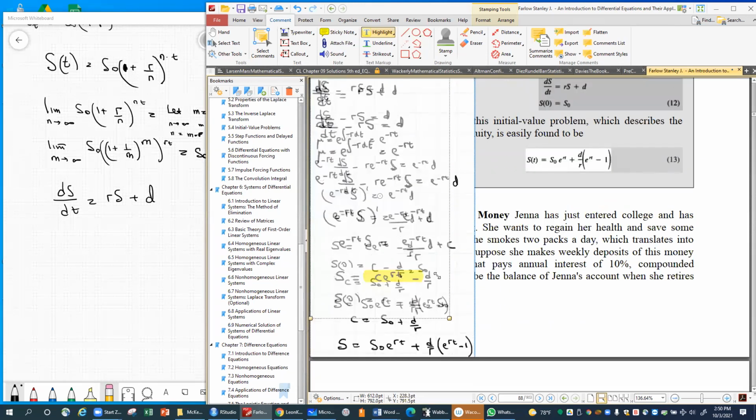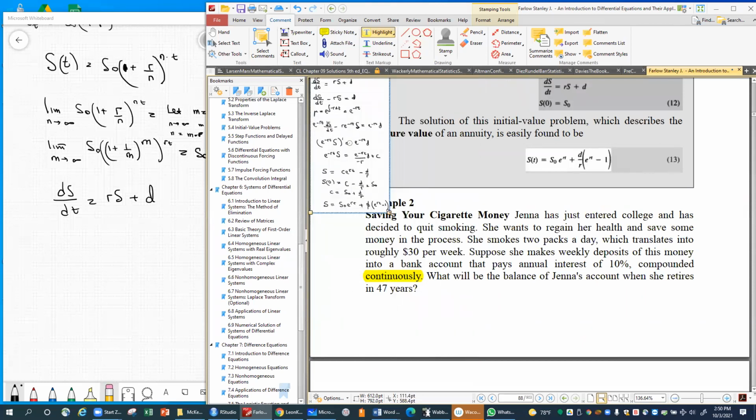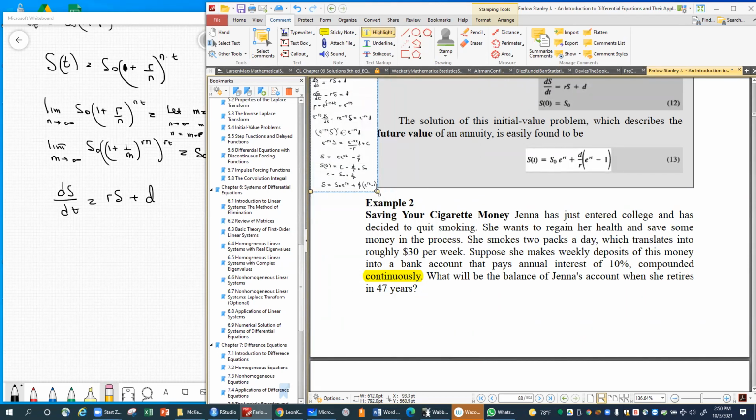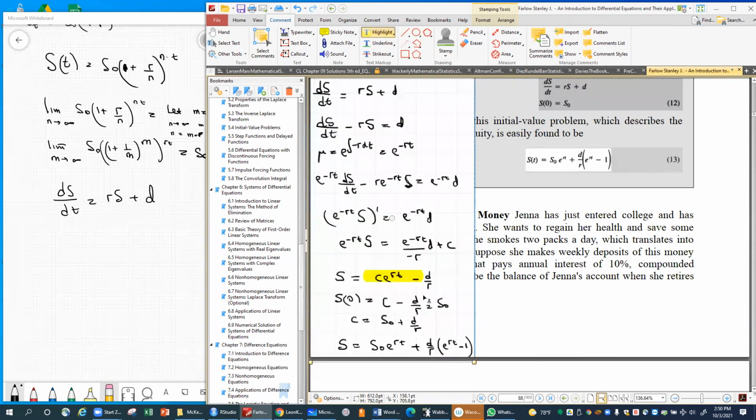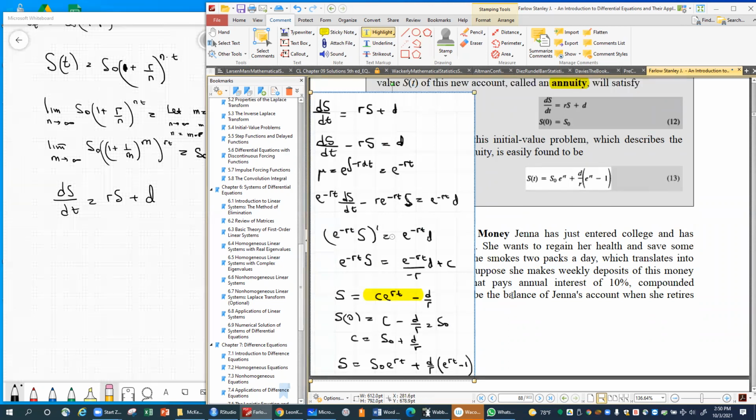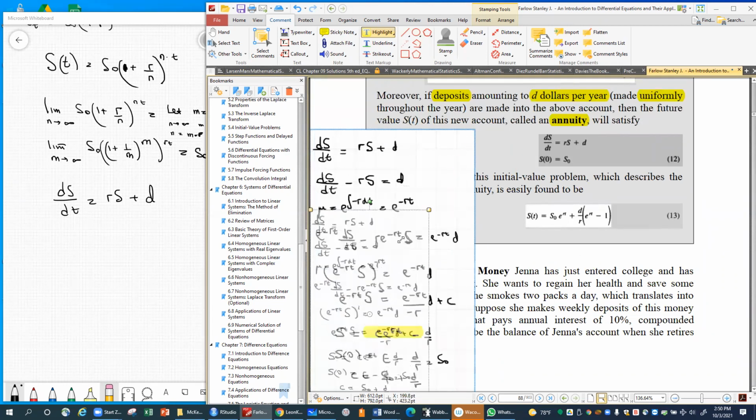I think for many problems, if I remember correctly, it was advantageous not to separate these two terms. See, we separated it as S0 e^(rt) and d over r times (e^(rt) minus 1). For many problems, it's better not to separate and keep it in the other form.